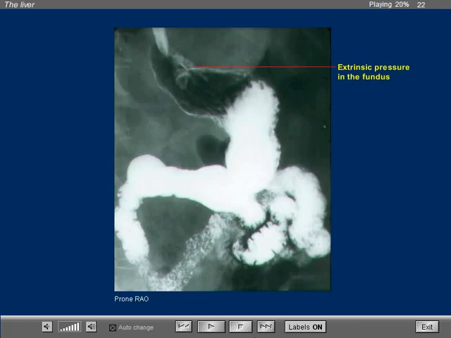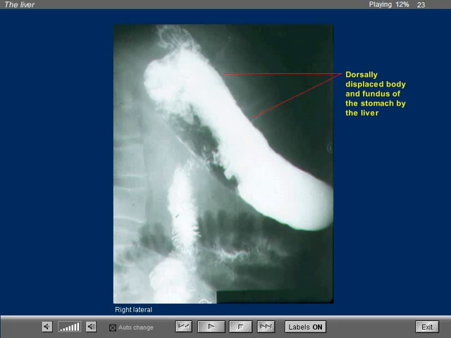A prone right anterior oblique examination of the stomach showed extrinsic pressure at the level of the fundus. A right lateral examination of the stomach showed that the fundus and body were displaced dorsally. And the only organ that can do this is the left lobe of the liver.